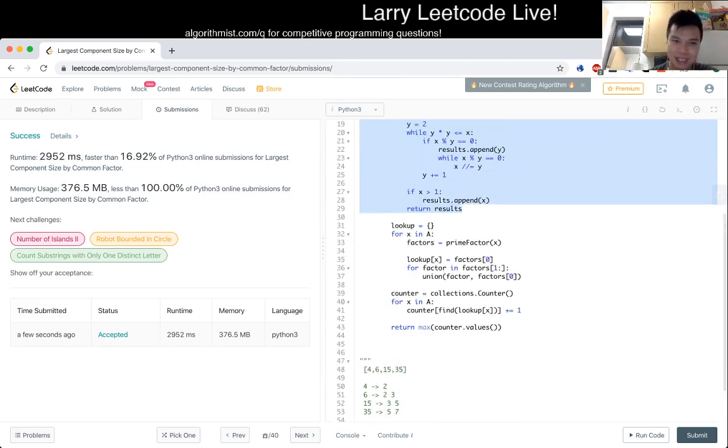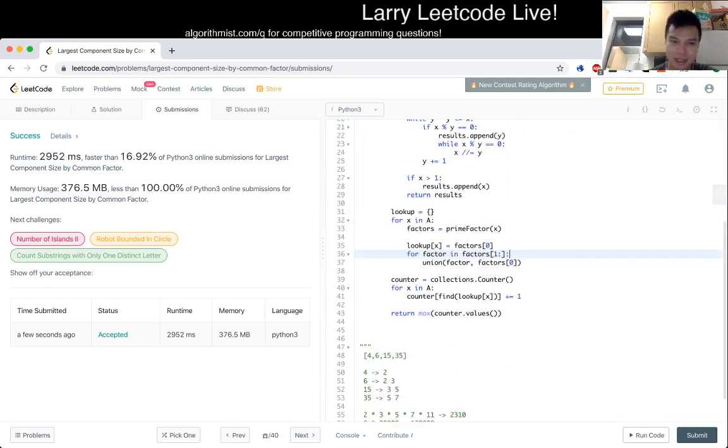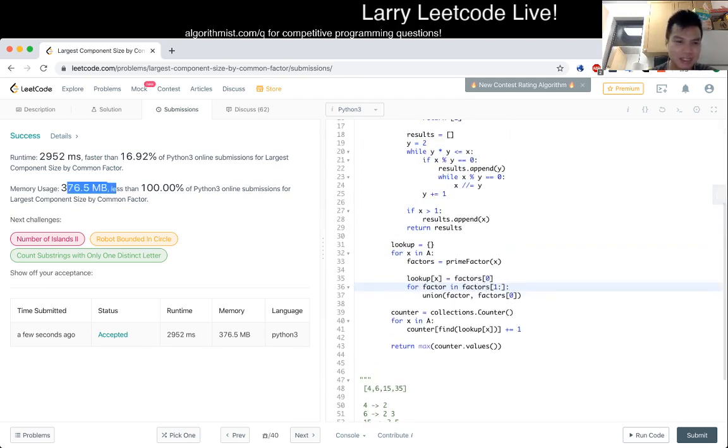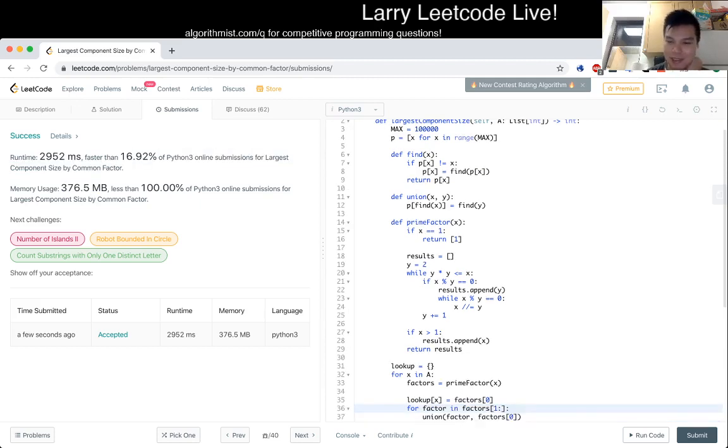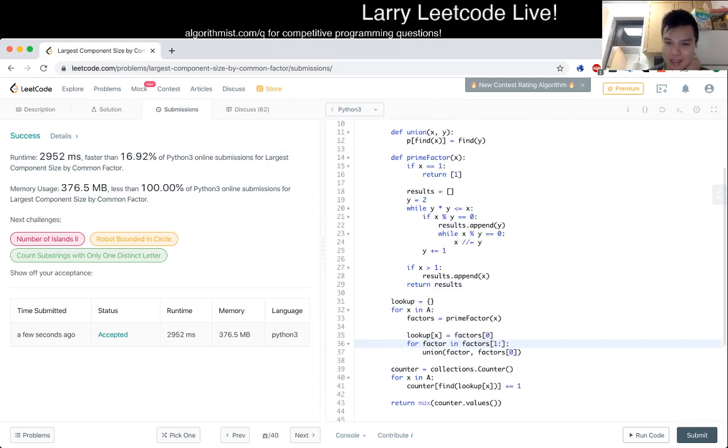Usually I don't care about timing, but this one is a little bit slower than I would like. And why is memory usage less than 100%? Oh, okay, my memory usage is actually great. I guess that's the trade-off. People probably have a sieve or a lookup table for the primes, where I just do not. So my memory is great.